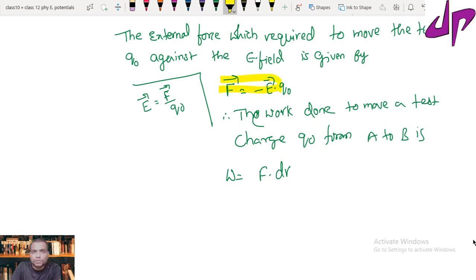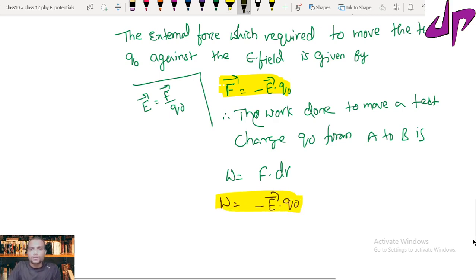The force F equals minus E bar dot Q naught. Therefore, I get work equals minus E bar dot Q naught dr. So this is the another work relation which I got with the help of the electric field. Let me take it as equation 2.